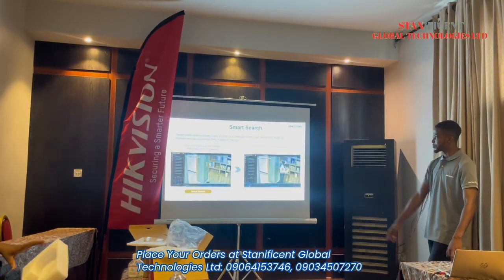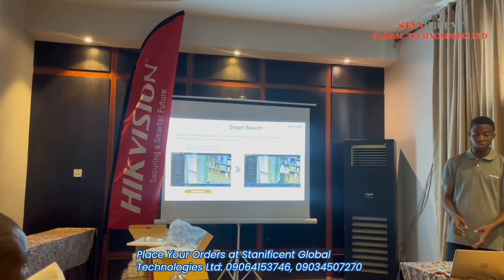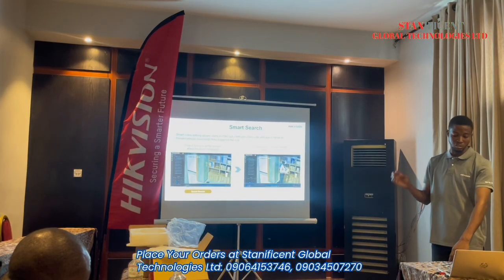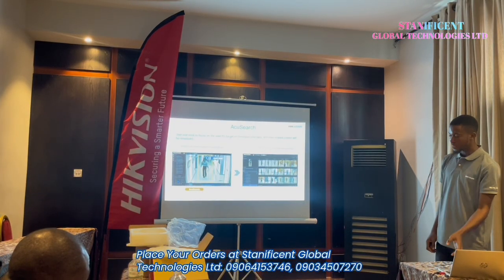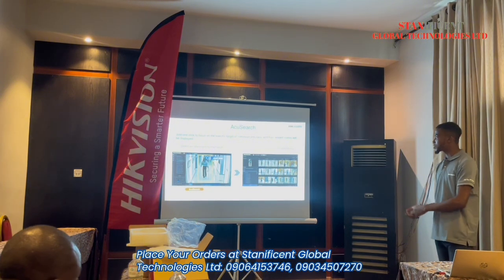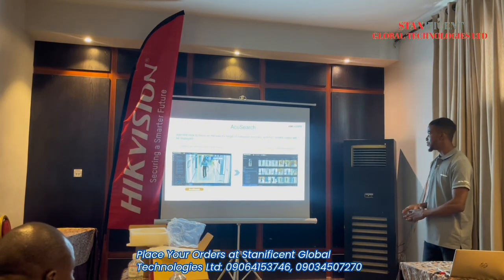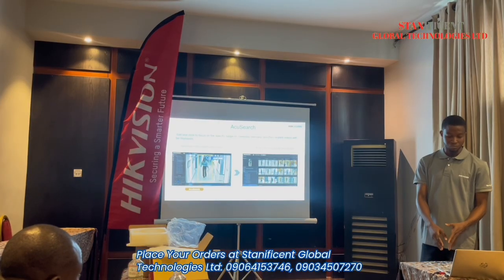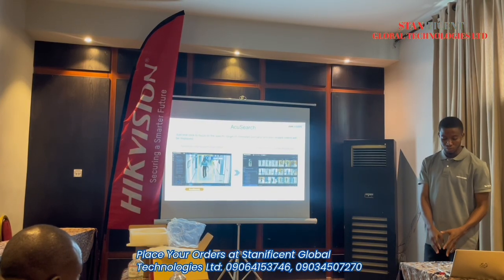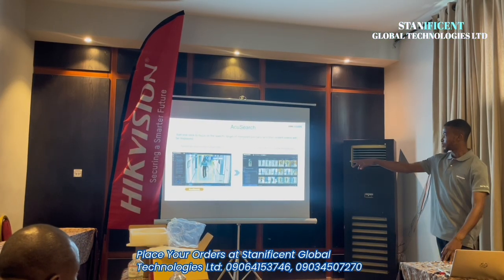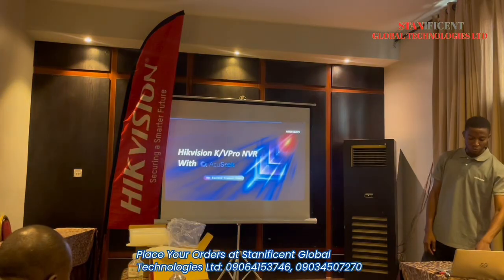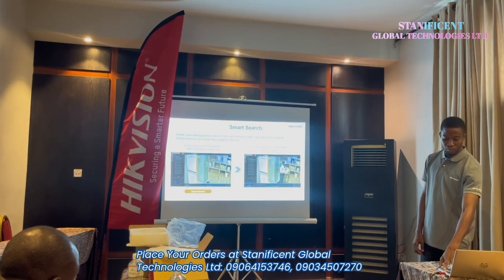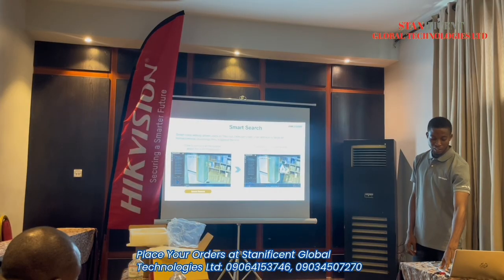The smart search lets you draw a rule box, and any image that falls in the rule box, you can easily search for it. Then from smart search, we now move to IQ search. IQ search will give you a selection of the interested person you are looking for. So people have been complaining about the stress of playback, the smart search and IQ search.